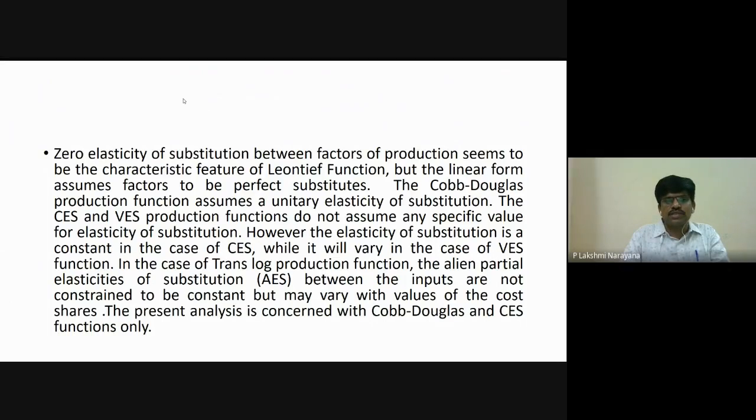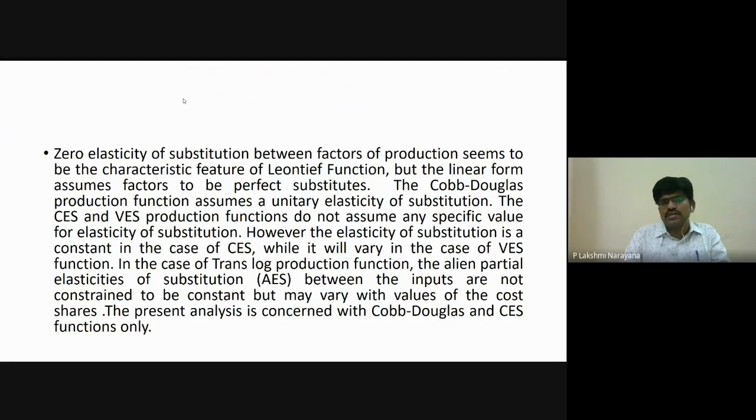The Cobb-Douglas production function assumes a unitary elasticity of substitution.